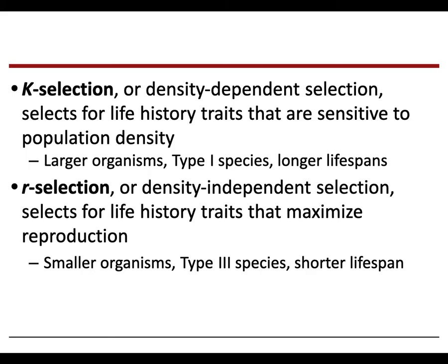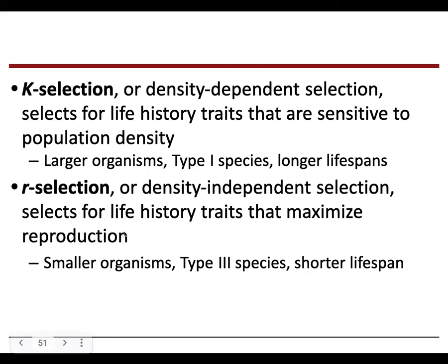Now, two types of populations can exist. We can have K selection, where species tend to be really heavily dependent on their carrying capacity for their growth rate. These tend to be larger organisms, type 1 species with longer lifespans. Think humans, elephants, bears.